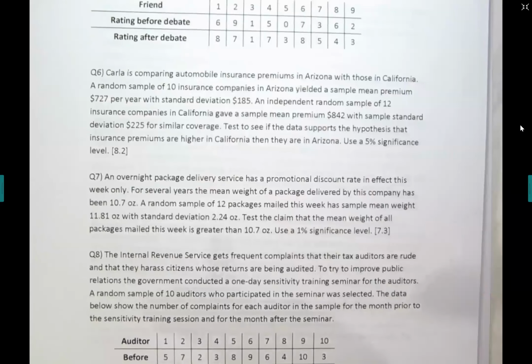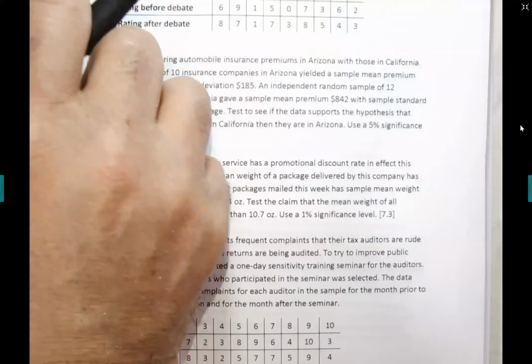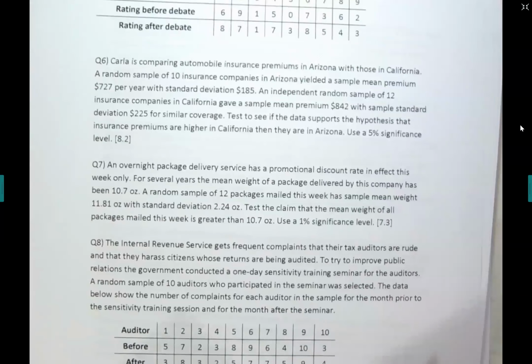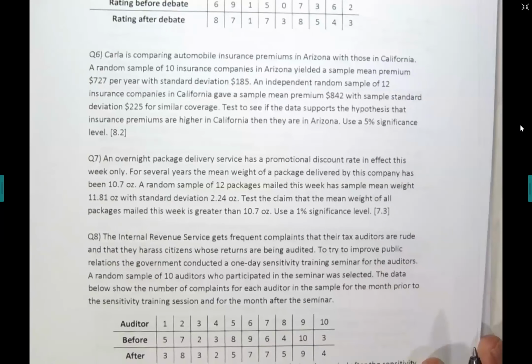Did we do number 6, guys? Probably we did. Yeah, we did number 6. Number 7 we haven't done yet, so let's do number 7.